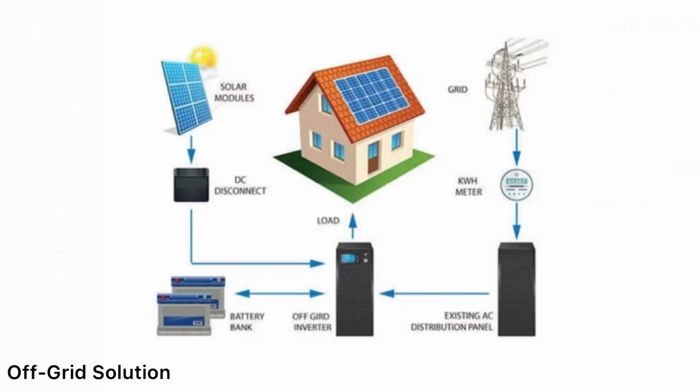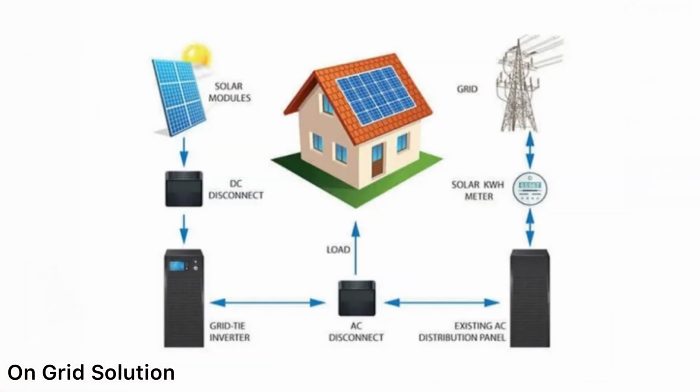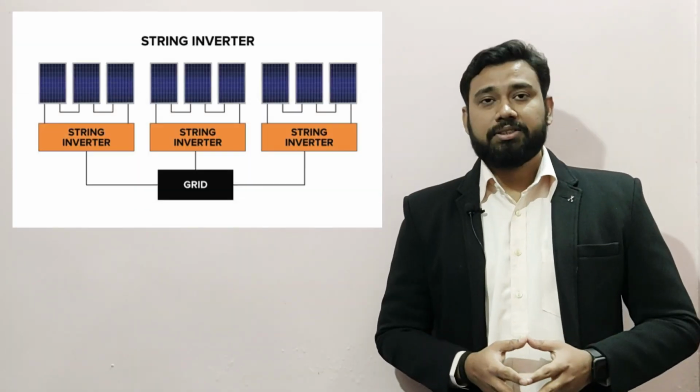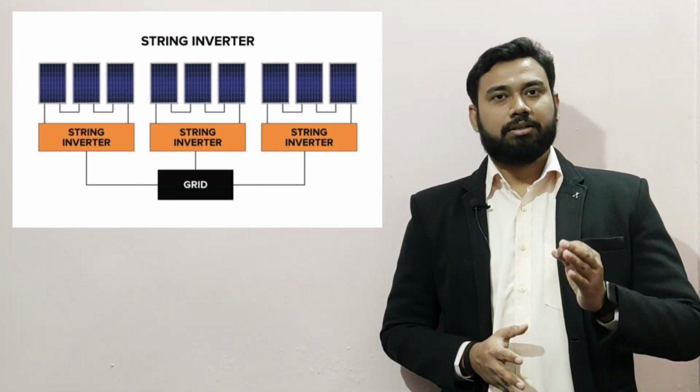Off-grid inverters work independently and have no contact with the power grid system. On-grid type inverters are connected to the power grid system and are the most common type of inverter used in residential applications. Grid inverters are further classified as string inverters.